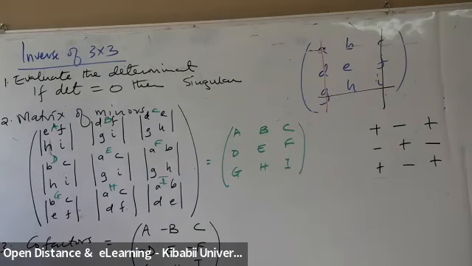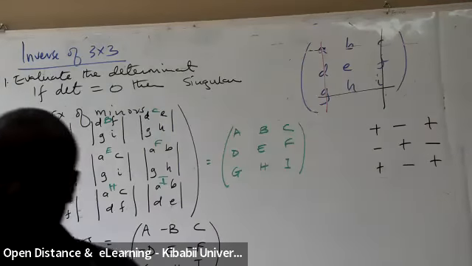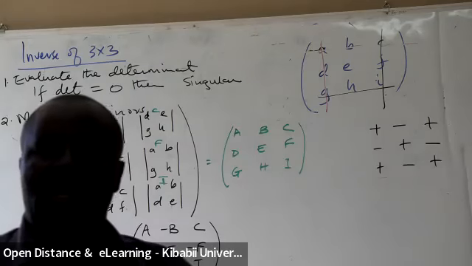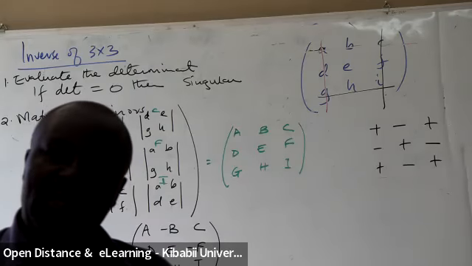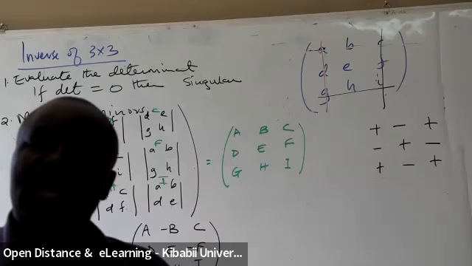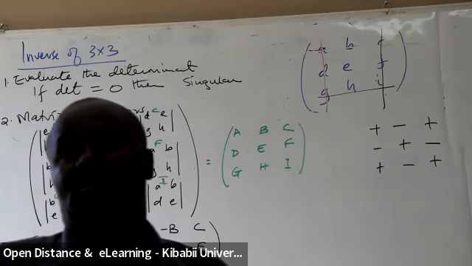Then the second last step, number 4, we define what we refer to as the adjoint matrix. What is an adjoint matrix? This is a transpose of the cofactor matrix. What did we say a transpose of a matrix is? A transpose of a matrix is that matrix obtained by interchanging the rows and columns of the matrix.